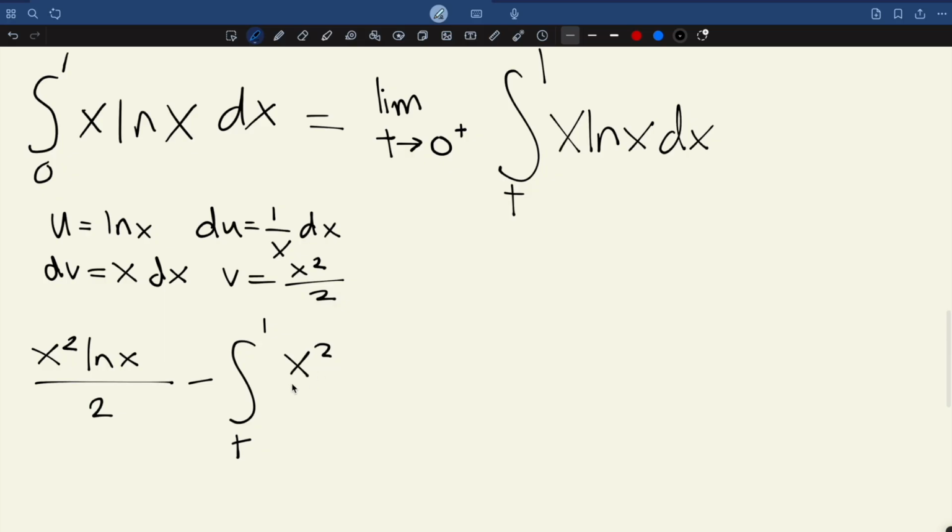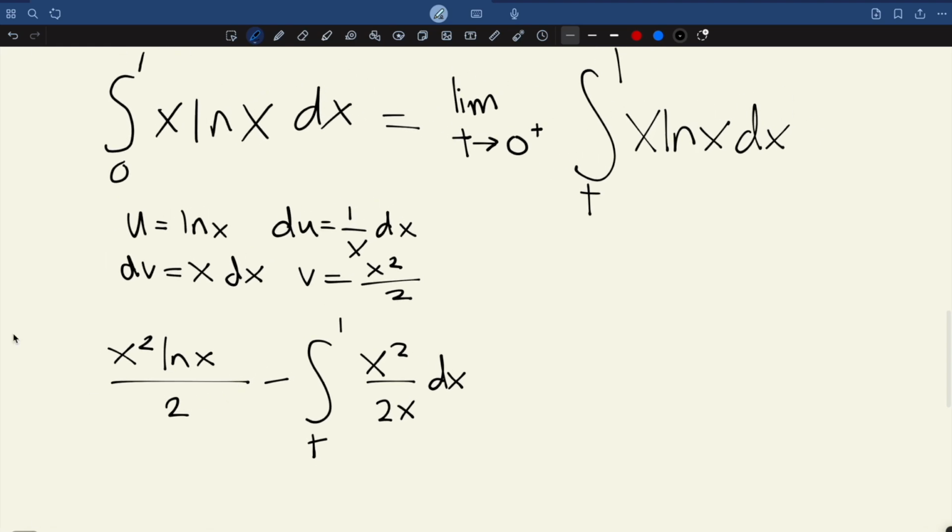So it'd be x squared all over 2x dx. And we cannot forget the limit, the limit as t goes to 0 from the right.